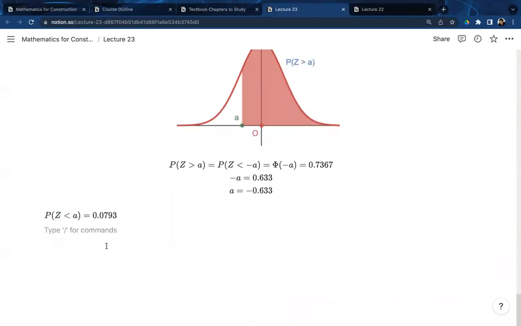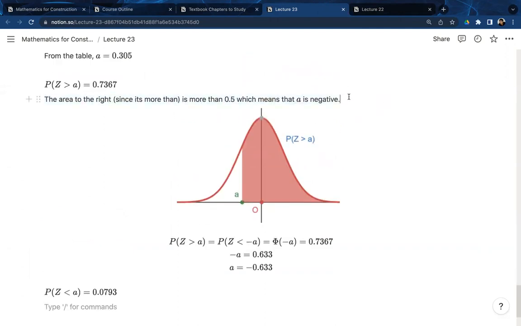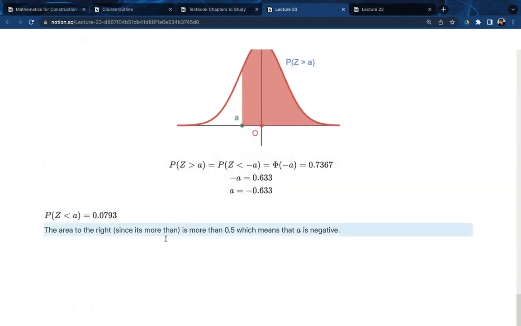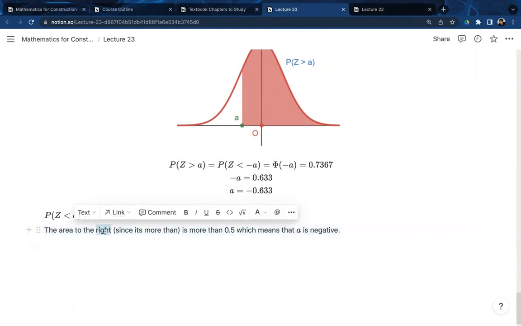The probability that Z is less than A is a really small value. There's a small value here. So let's see. What could we say? The area to the left is area to the left, since it's less than.